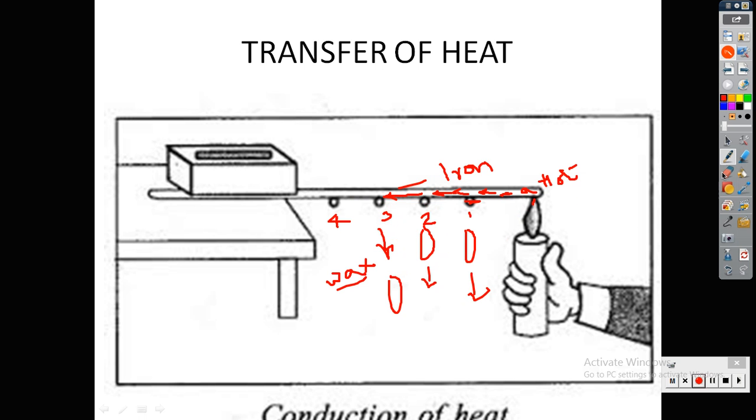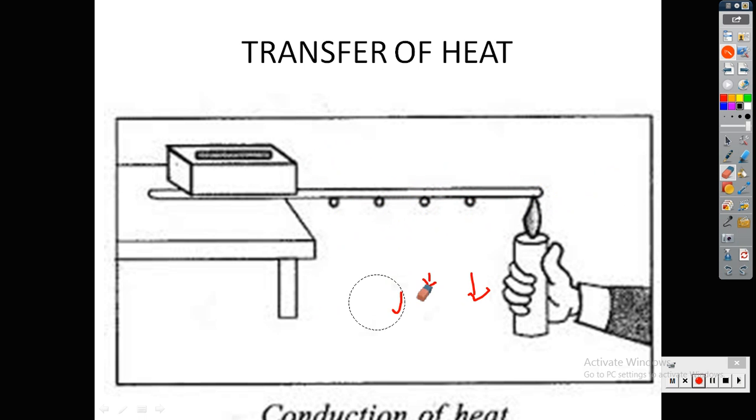So here what you can see is that the heat is transferring from the hot region to the cold region, through the metal. From this we can say heat usually transfers from hot region to cold region. That we call transfer of heat.